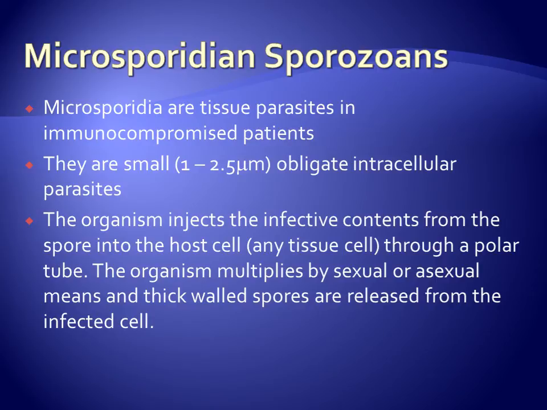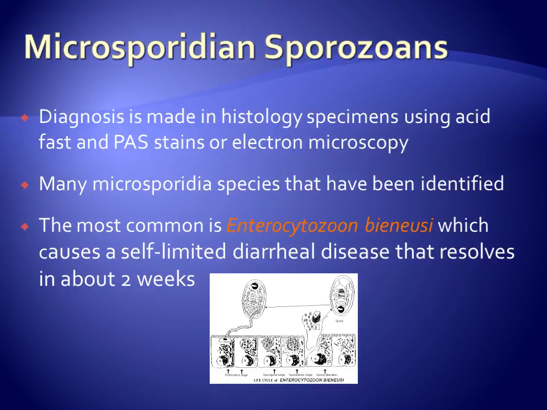The organism then multiplies by sexual or asexual means, and thick-walled spores are released from the infected cell. Diagnosis is made in histology specimens using acid-fast and PAS stains or alternately electron microscopy.